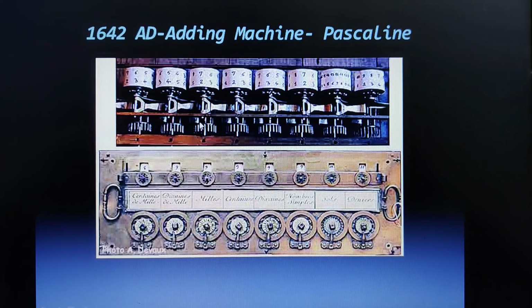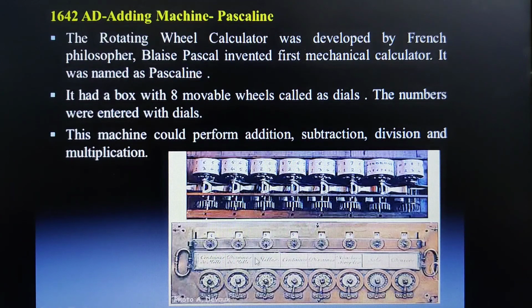If you carefully observe, this adding machine has 8 movable wheels through which you can enter the numbers. Numbers are printed using these 8 movable wheels, and these wheels are referred to as dials.